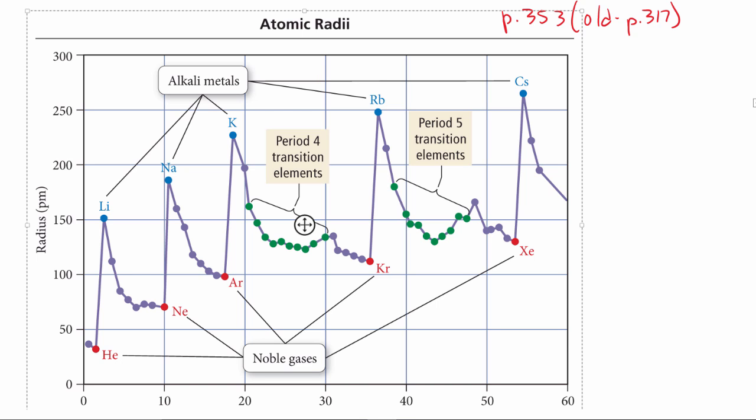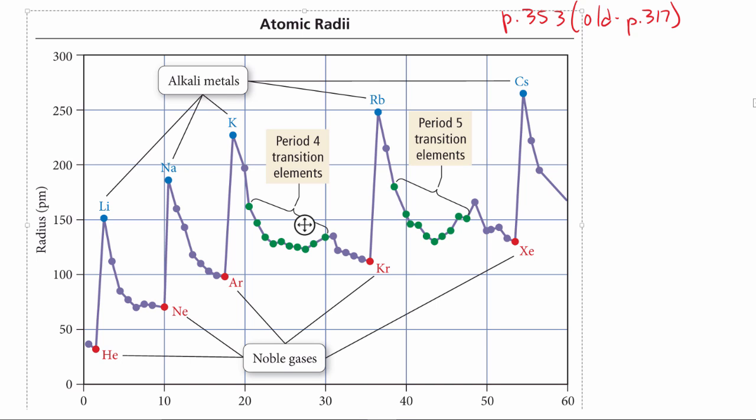What happens? Go ahead, let's take about 1 or 2 minutes. See if you can determine what happens to the radius as you go down within a group and as you go across a period. So look at your data on page 2 there. Once you have that, write down what you observe as a general rule, and then compare with your neighbor.